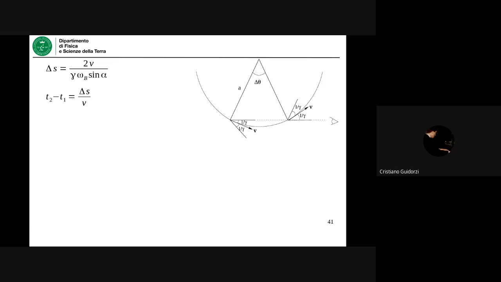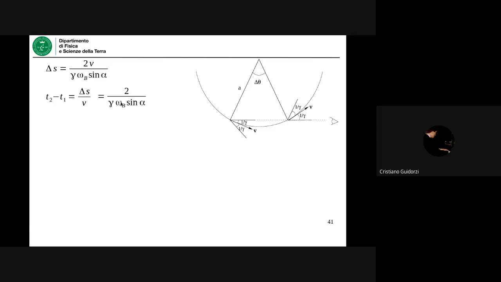So that's the goal. Let's work out first the time interval, not in the arrival time, but in the emission time. In the emission time, it's just T2 minus T1. This is just the time it takes for the electron to move from position 1 to position 2, so just delta S over V, the velocity of the electron. Easy, everyone can immediately realize this. But delta S is just 2V over gamma and B, all the stuff here.